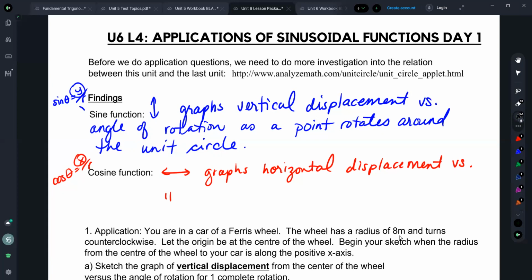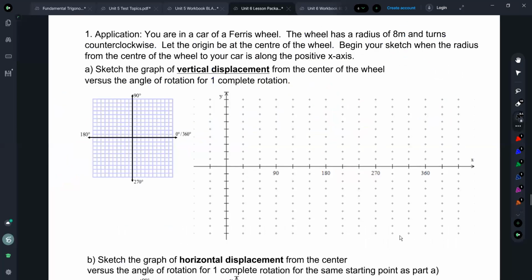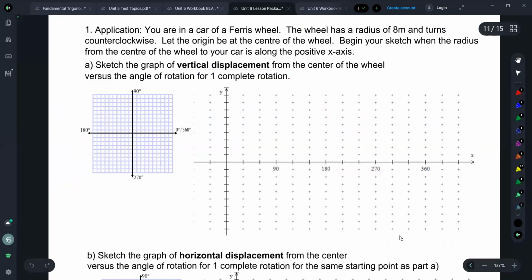Something that's moving. Fan could work. Yes, that's good. Windmill. That could work as well. Okay, so anything that's rotating along the same track consistently can be modeled with all of these sine and cosine functions that we've been looking at. There you go, circle of life. Don't know how you would graph that, but yes.